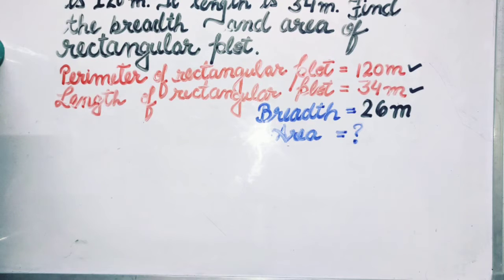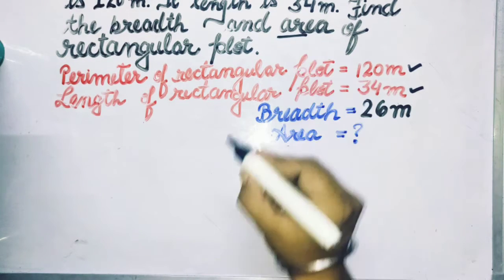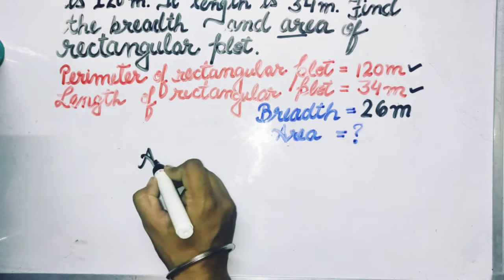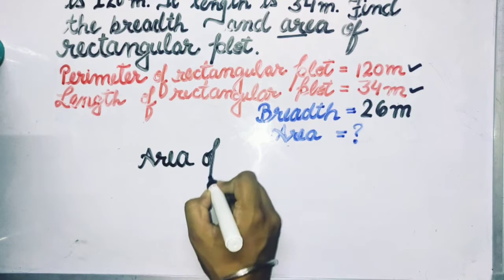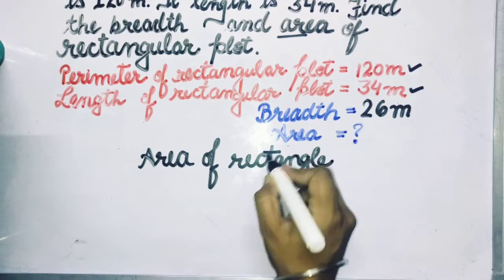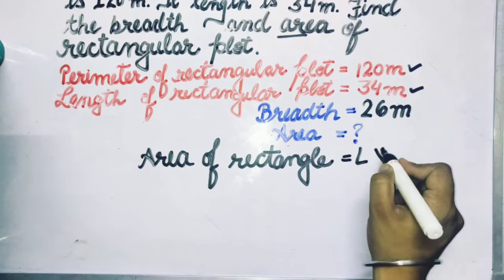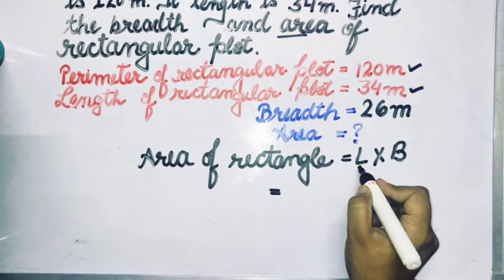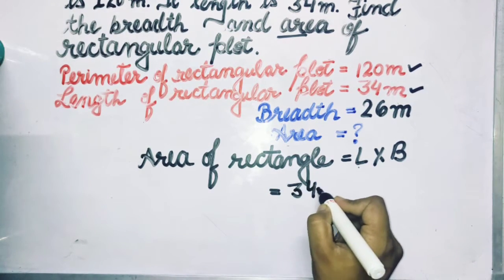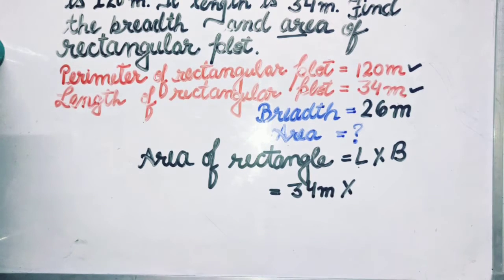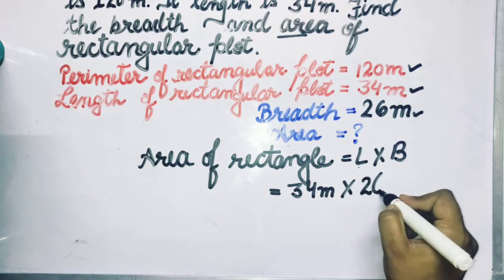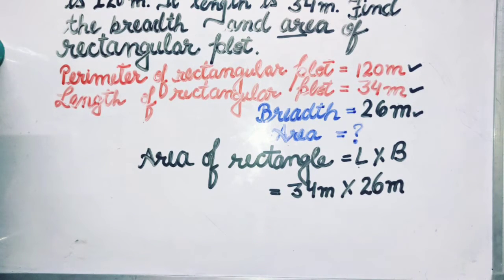Now one more question is left, that we have to find out the area of the rectangular plot. So what is the area formula? Area of rectangle is length multiply breadth. Length is already given in the question, that is 34 meter. So I'll write the value 34 meter. Breadth I have found right now, that is 26 meter. So I'll put the value 26 meter.